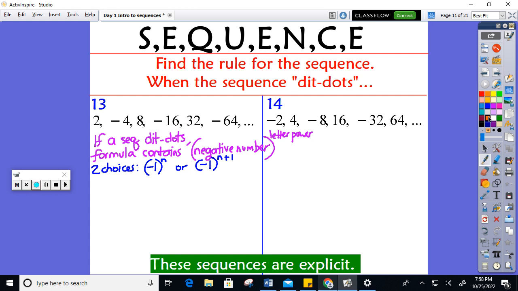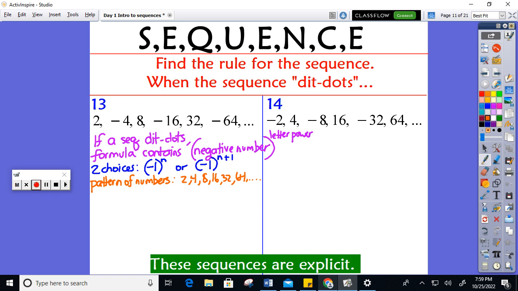So what seems to help people is at first, get the pattern of the numbers only. Then we'll go back and get the pattern of the signs. So the numbers are just 2, then 4, then 8, then 16, then 32, then 64, etc. So do you see that I'm multiplying times 2, times 2, times 2, times 2?